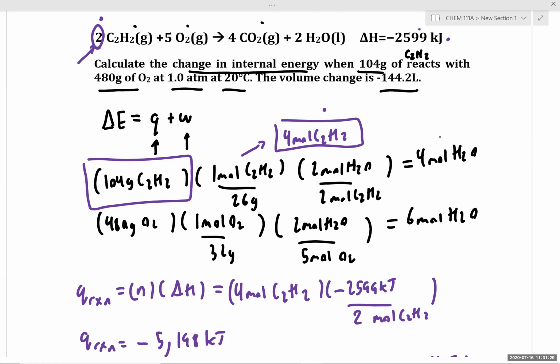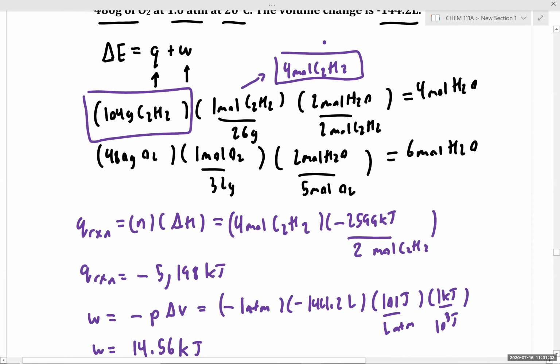It will work just as well. Okay, and for the Q reaction, we still use that C2H2 because that's the limiting reactant. Yes, but you can just as easily use any other reactant as long as your moles are of the limiting reactant or the product. I prefer using the limiting reactant in this calculation because there's less of a chance that you'd plug in a number of moles that is not from the limiting reagent.